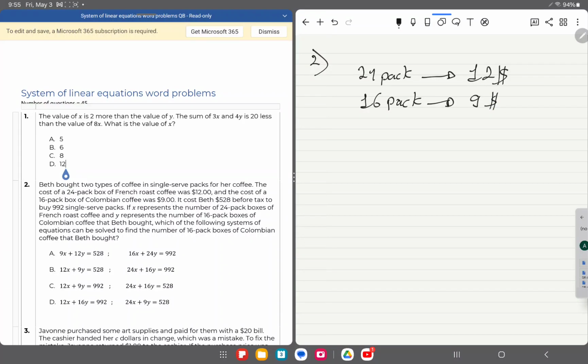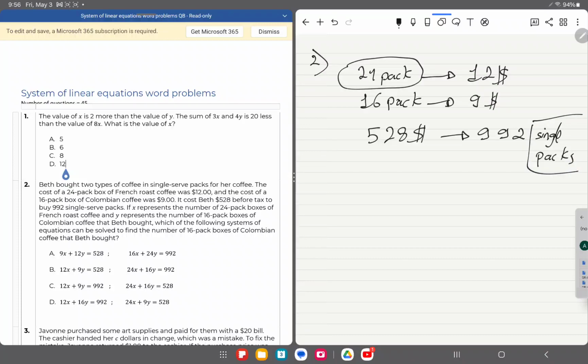So the 16 pack is $9. It cost Beth $528 before tax to buy 992 single serve packs. So this is a 24 pack, a pack that has 24 single packs. So 992 single packs. So this is important.